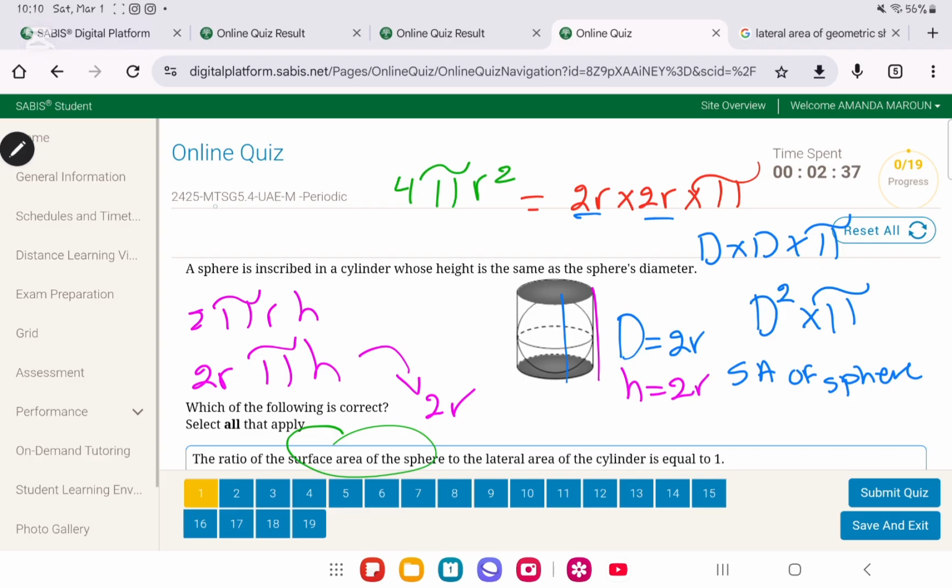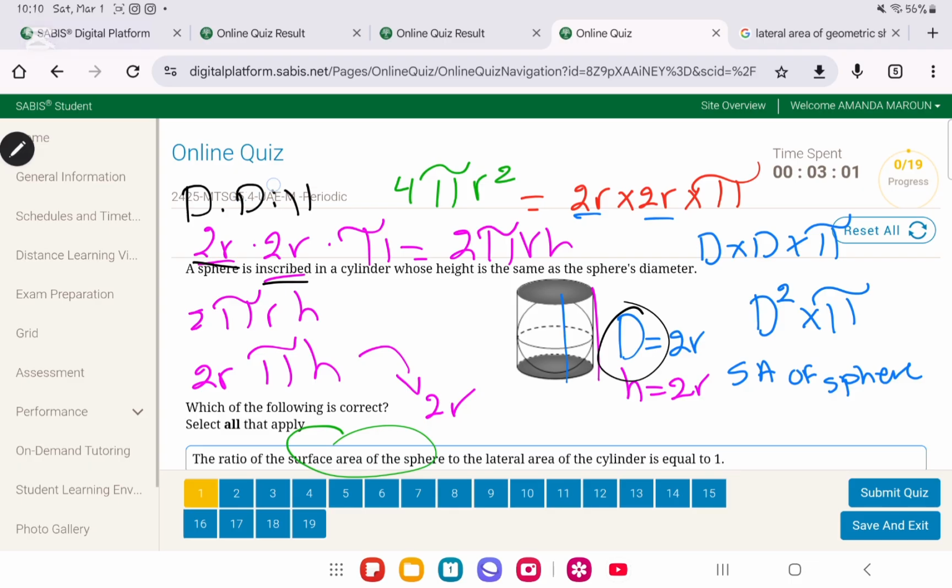So if you substitute it, you're going to get 2 radius times 2 radius times pi, which is equivalent to 2 pi r h. Now as we said, 2 of the radius is gonna be the diameter, so we can substitute it by diameter. So diameter times diameter times pi, so diameter squared pi. So this over here is what? This is the lateral area of the cylinder.